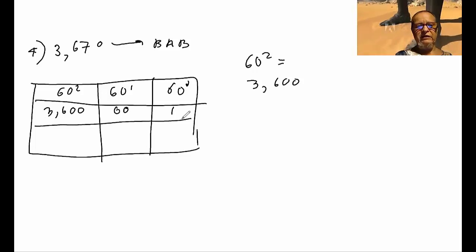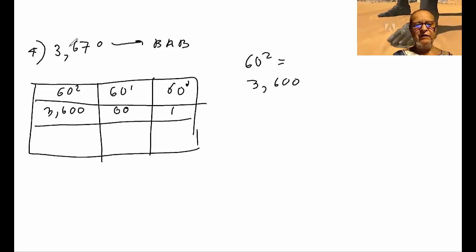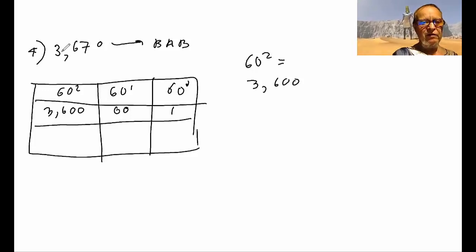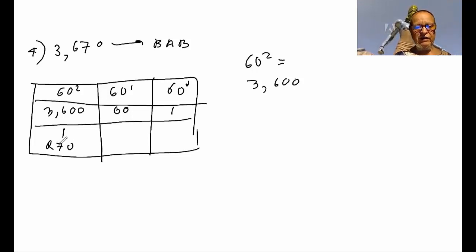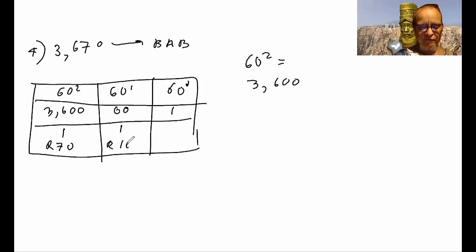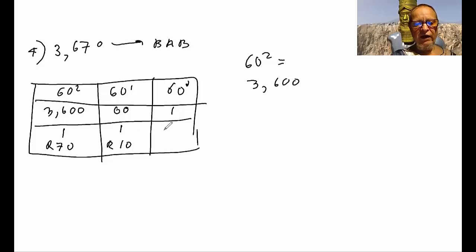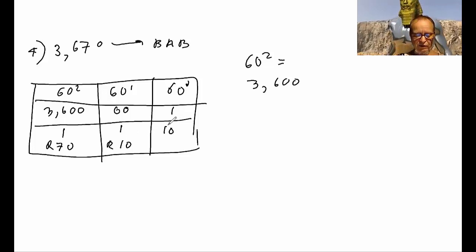So we can see, just by looking at it, that 3,600 goes into 3,670 one time with a remainder of 70. So let's look into the next one. Well, we have 70, so that will be one time with a remainder of 10. And then finally, we have the 10s, and here would be our 10, and that will be 10 over 1.